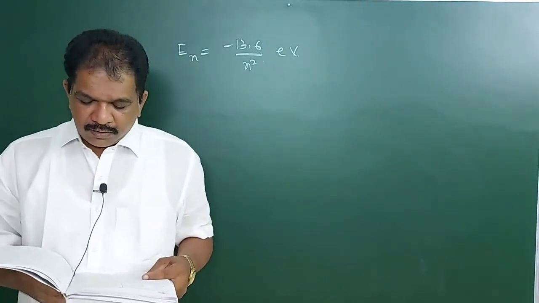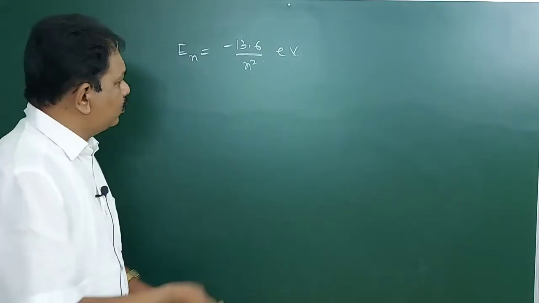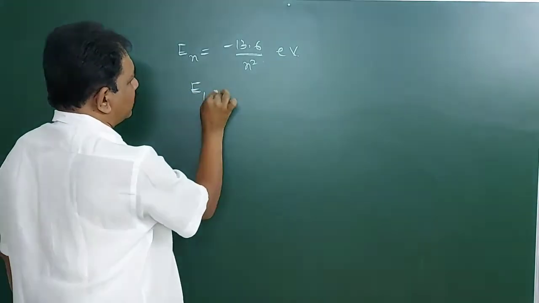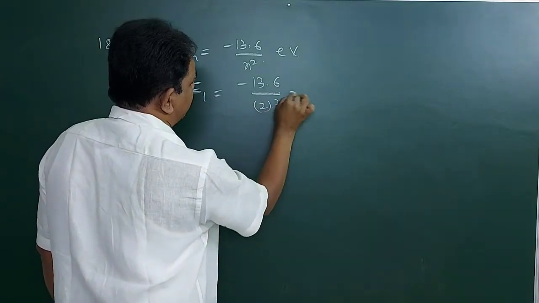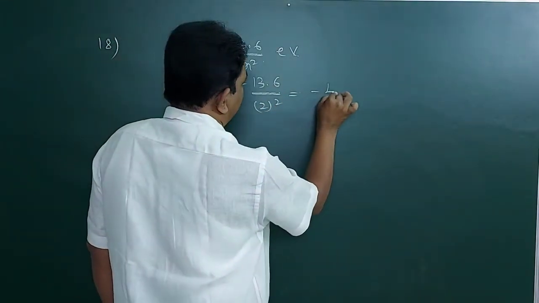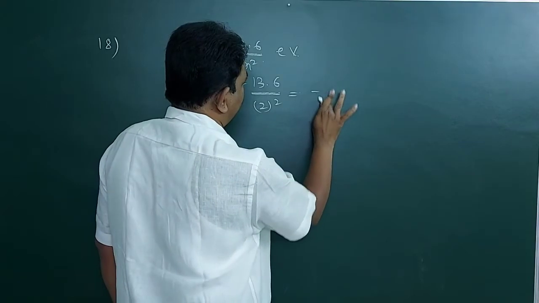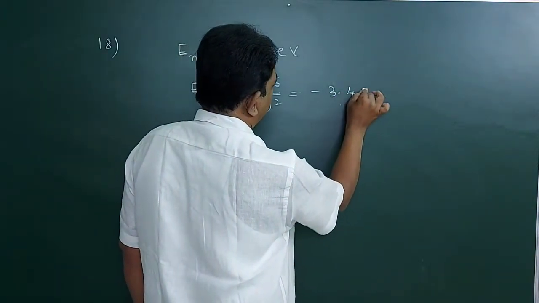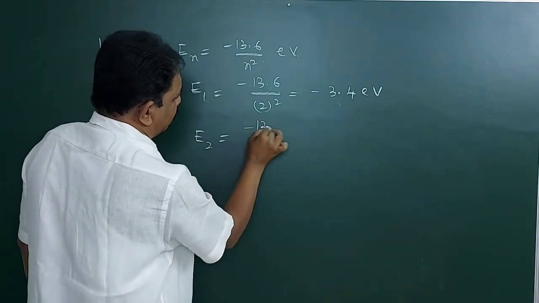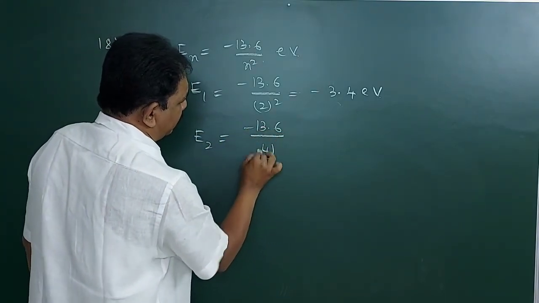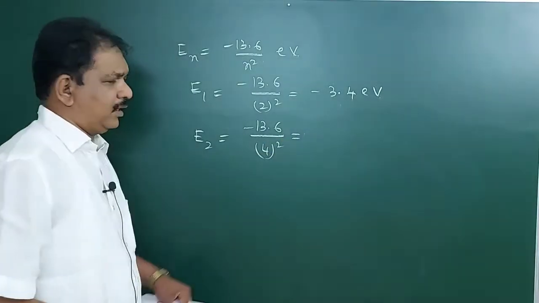Now n is equal to 2, if you substitute, minus 13.6 by 2 square, minus 3.4 electron volt. E4 is equal to minus 13.6 by 4 square.